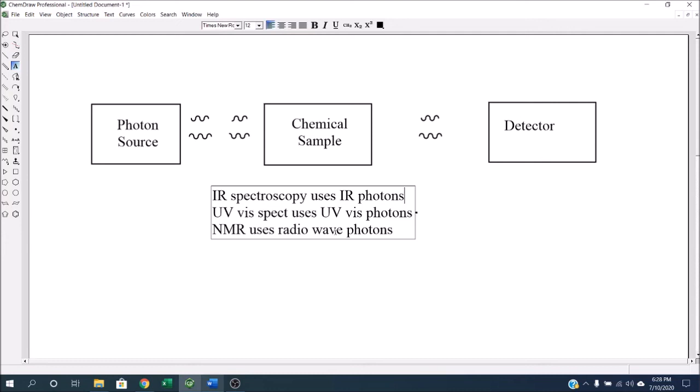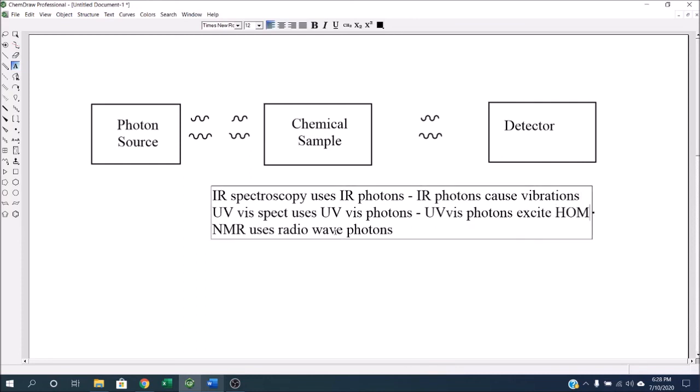IR spectroscopy uses IR photons, and IR photons cause vibrations within the molecule. Bending, stretching, those are the typical types of vibrations we see. And then UV-VIS photons excite HOMO to LUMO transitions is what they're referred to as.